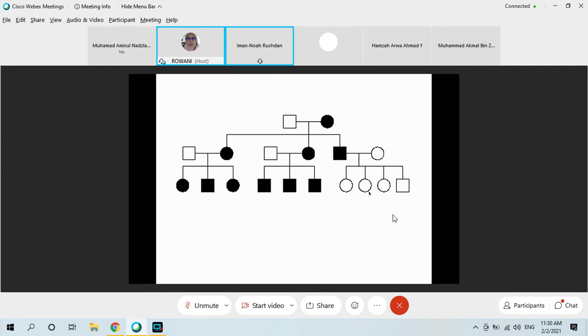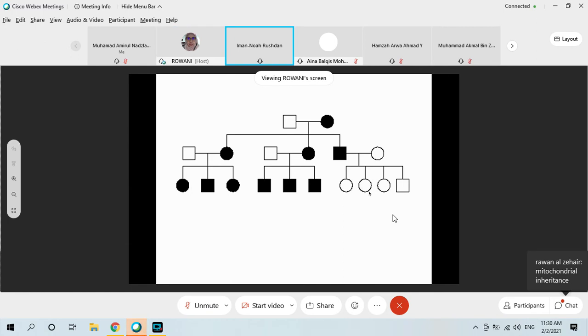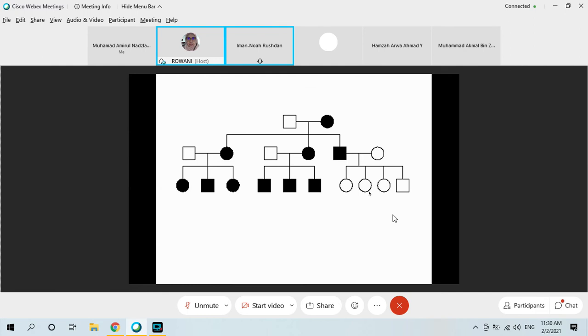Recessive tak boleh lah, female affected. Kalau X-linked recessive, the female will not be affected, kan? Oh yeah. So it cannot be X-linked lah. Both X-linked recessive and X-linked dominant are incorrect.